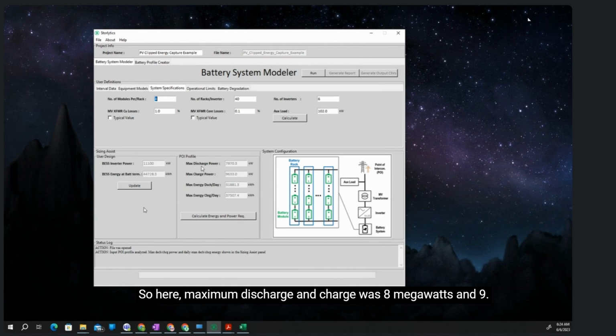Here, maximum discharge and charge power was 8 megawatts and 9.6 megawatts, and maximum discharge energy and charge energy was 32 megawatt hours and 37.5 megawatt hours, respectively. So, as you can see, our sizing here is adequate. We're at almost 45 megawatt hours and 11 megawatts, which covers the capacities we have here.